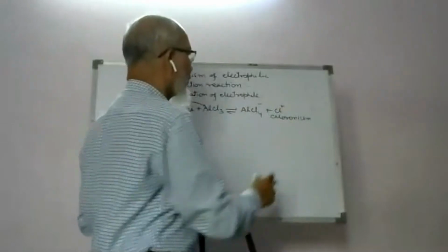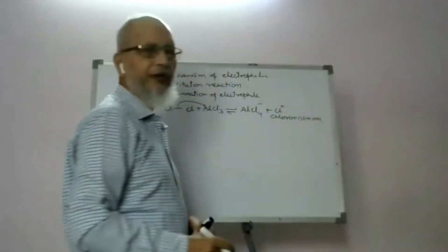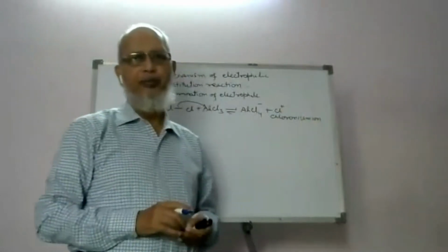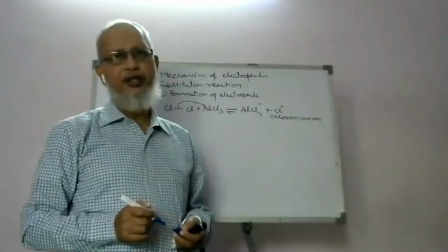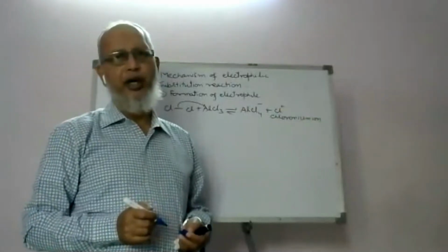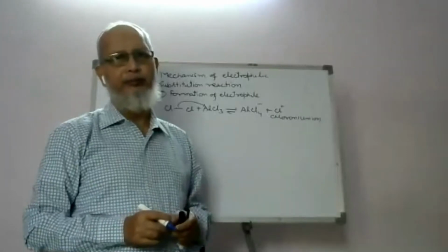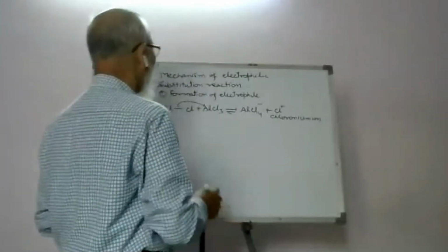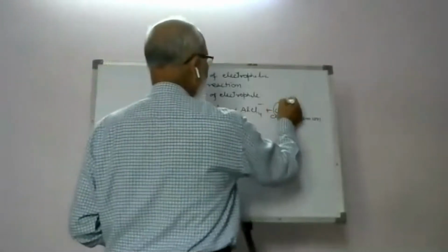Now if Cl is in the form of an atom, then we call it a chlorine atom. If it is Cl2, it will be a chlorine molecule. If it is Cl minus, it will be a chloride ion. And if it is Cl plus, then it will be called chloronium ion. So this is the first step, formation of electrophile. This is your electrophile.